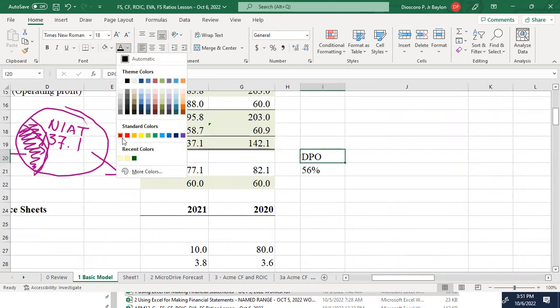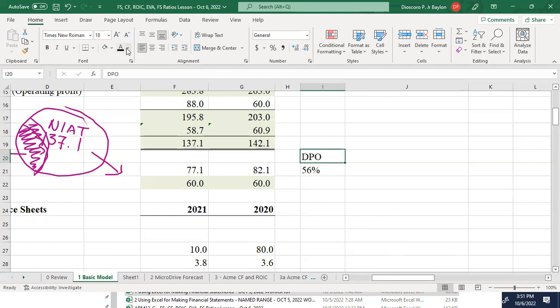That's your dividend payout ratio. 56% in this case is the dividend payout ratio, right? And what remains is around 44%, right?